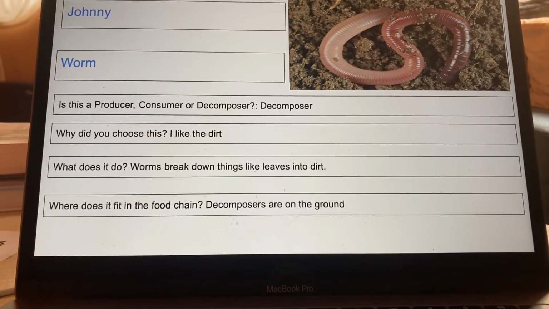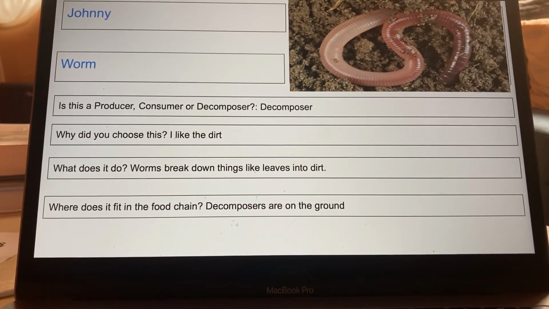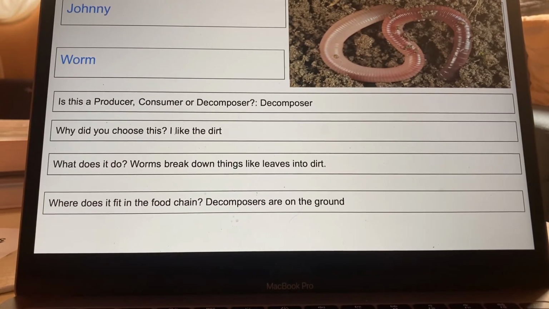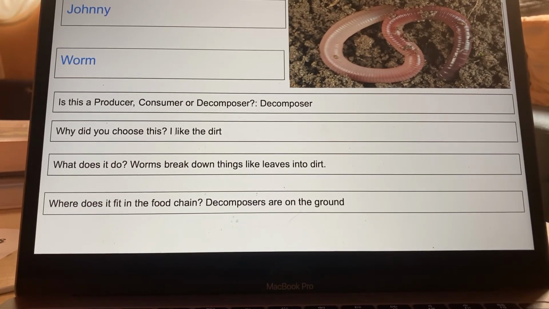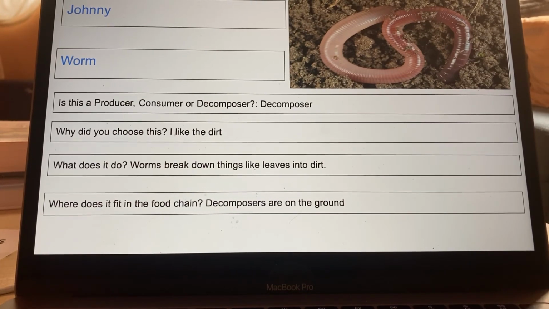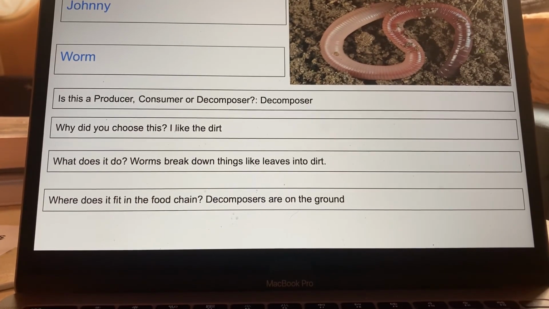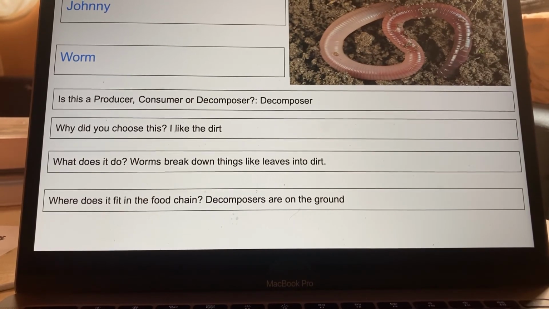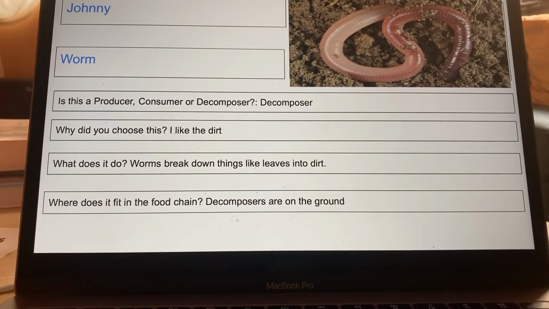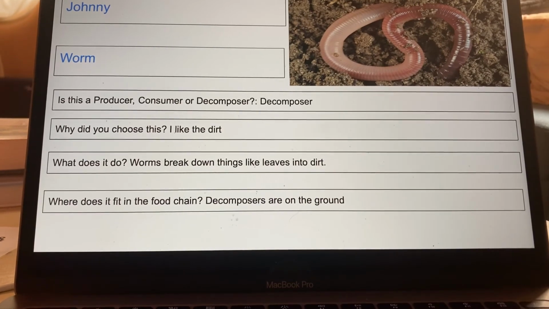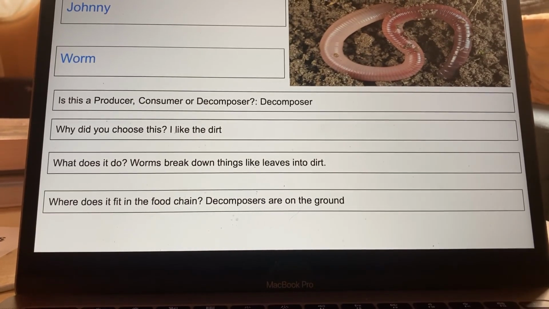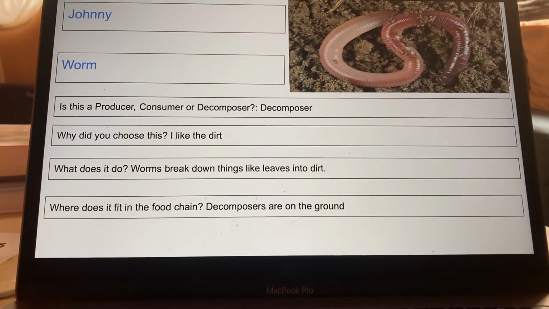Why did you choose this? And Johnny said, I like dirt. That is a very good answer. What does it do? Worms break down things like leaves into dirt. So that's a really good explanation of what worms do. Where does it fit in the food chain? Decomposers are on the ground. Okay, so worms, that's a great example. Worms are on the ground in the dirt. So that's where Johnny said it fit in the food chain.